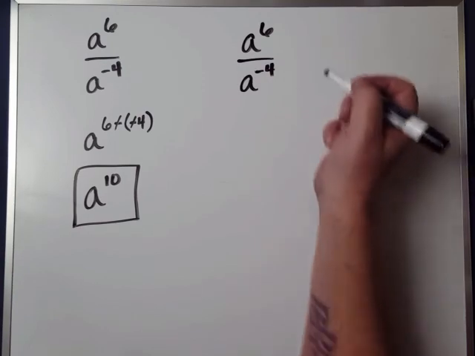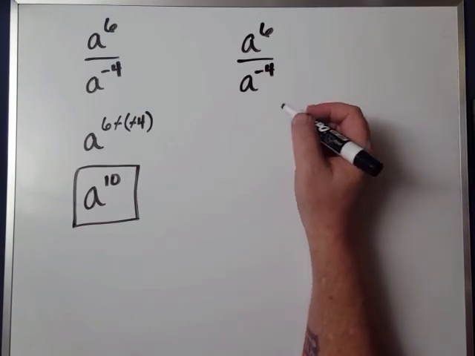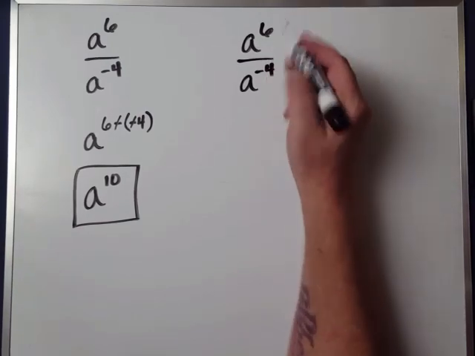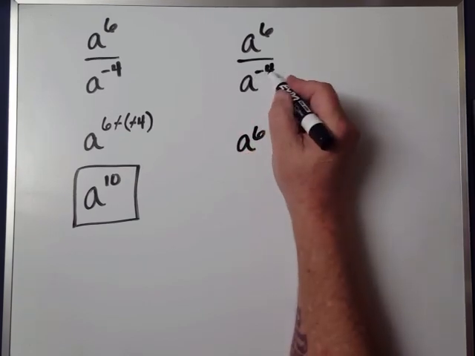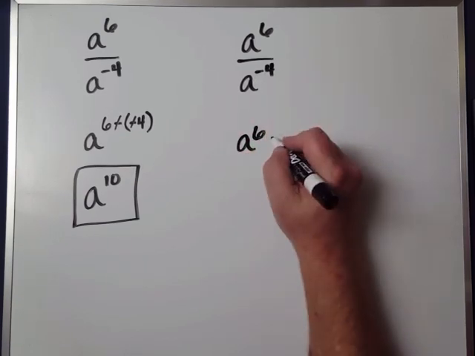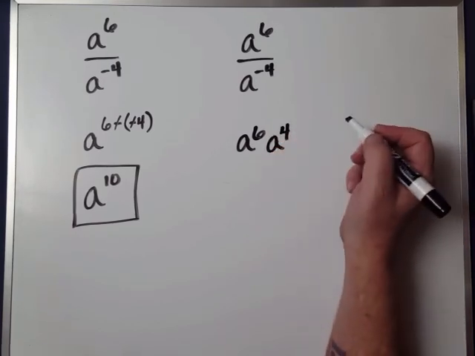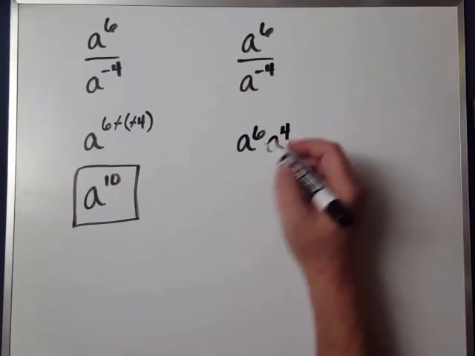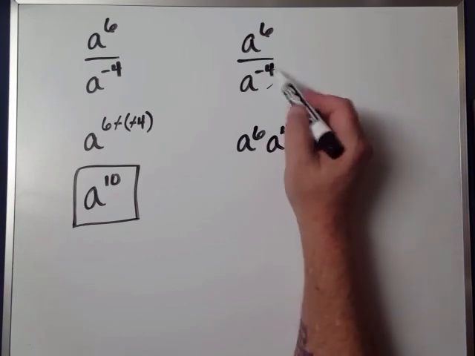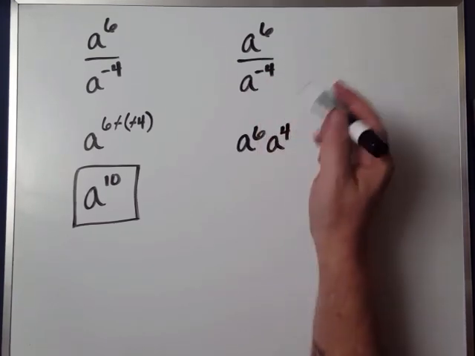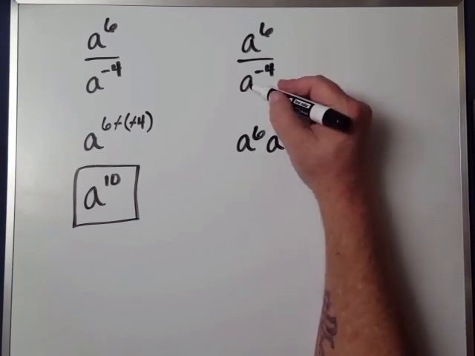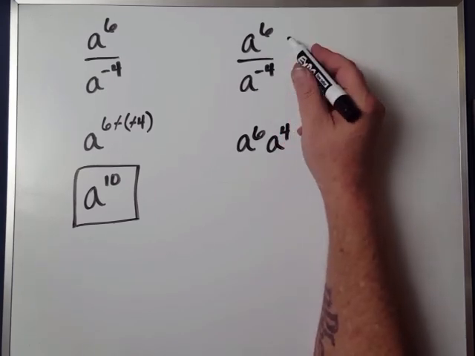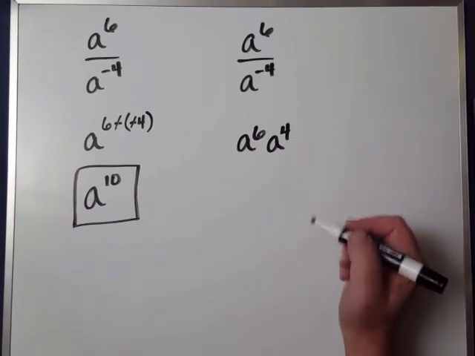Some of us may see it this way. A to the positive 6 is good in the numerator where it is. A to the negative 4 in the denominator can become a to the positive 4 in the numerator. This is over 1 because what's left behind now in this denominator? Nothing, the multiplicative nothing. So it would be over 1. All I did was move this a to the negative 4 into the top where it becomes a to the positive 4.